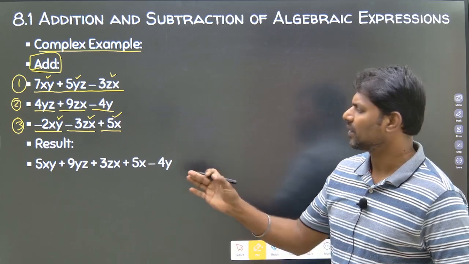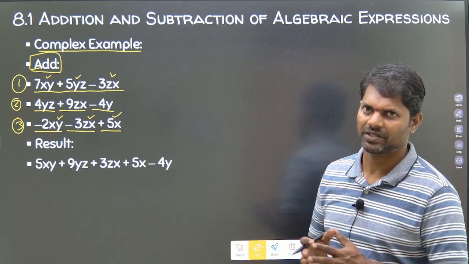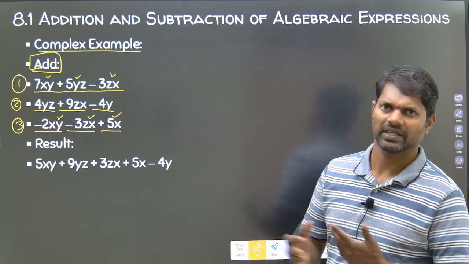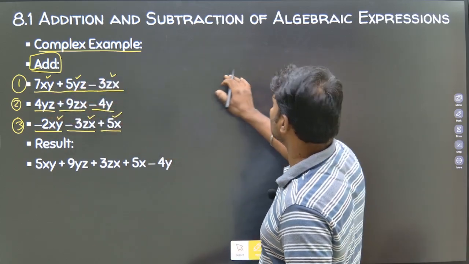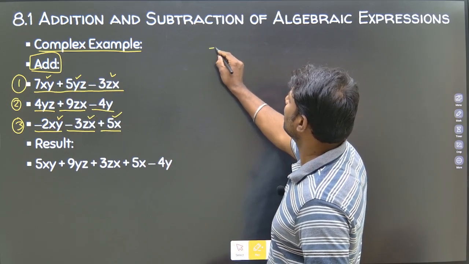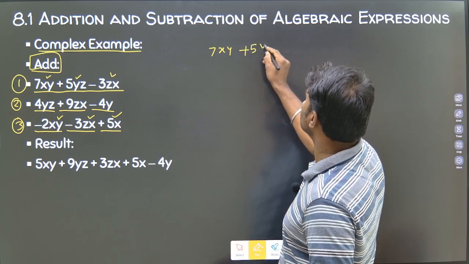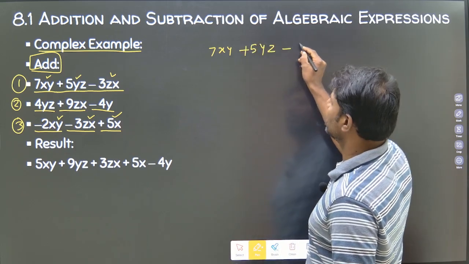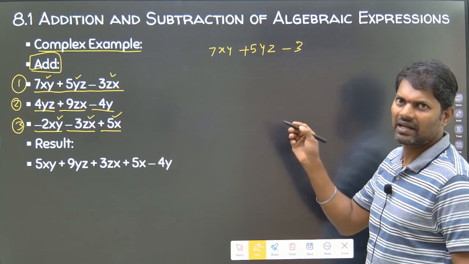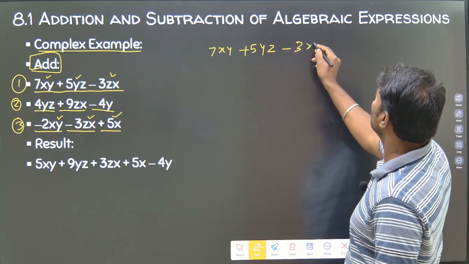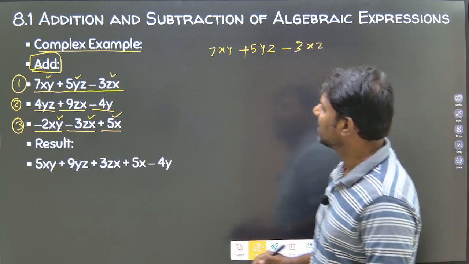So, as per rule, we will write down the algebraic expressions and then we will perform the addition. First of all, I will write the first algebraic expression. So, here I will write 7xy plus 5yz minus 3, instead of zx, I will write xz. Okay.